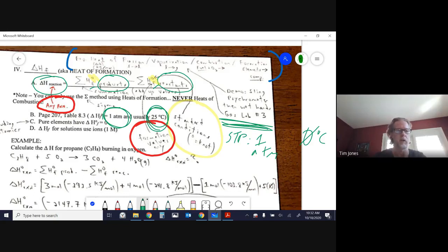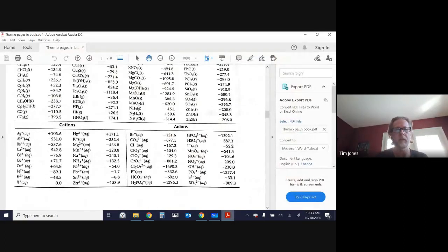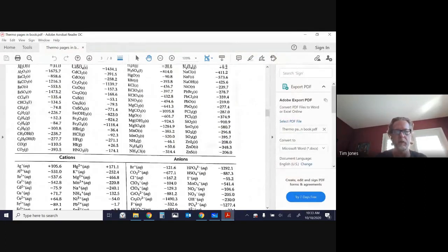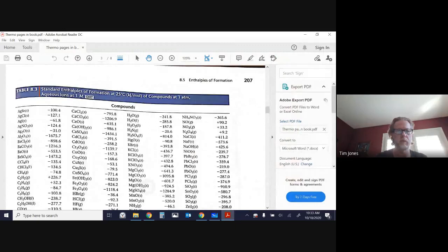So let's take a look at the chart. It's on page 207 of the book. It's also in the big PDF I made with all those different charts. So here I have it, page 207. Notice it says standard enthalpies of formation, 25 degrees Celsius, 1 atmosphere.